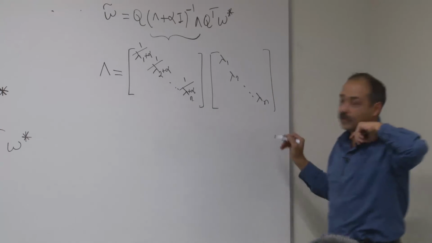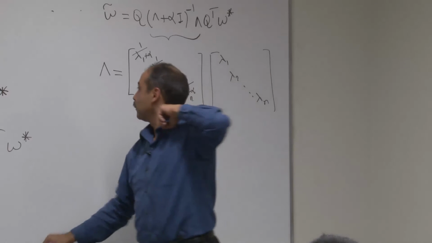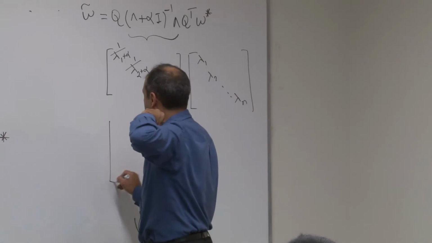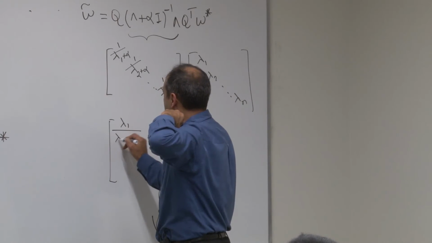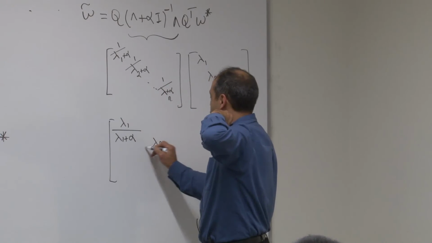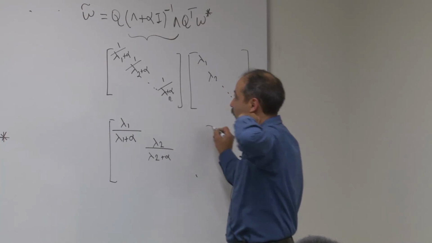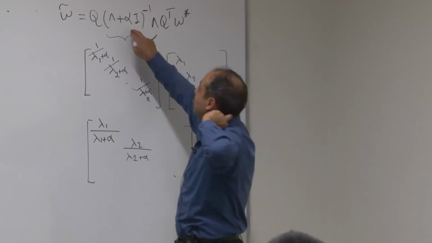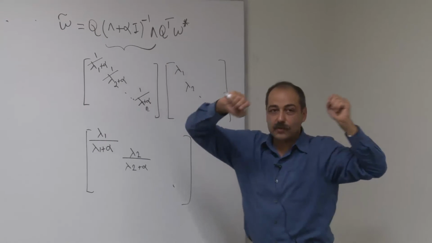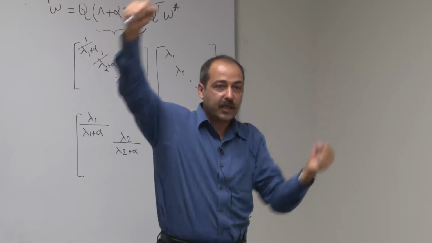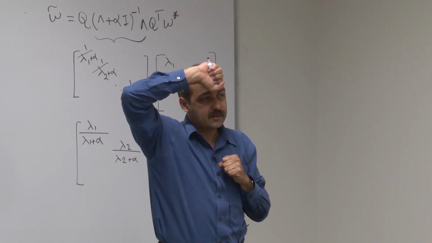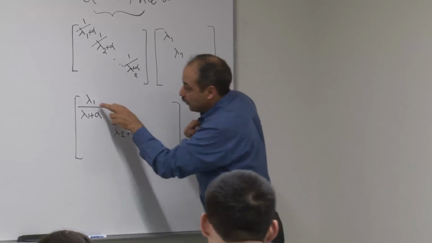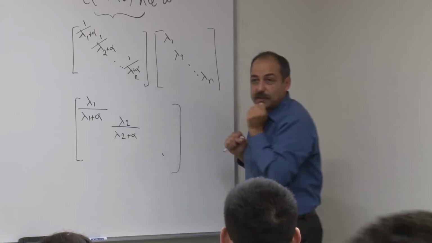So the final multiplication of these two is lambda 1 divided by lambda 1 plus alpha, lambda 2 divided by lambda 2 plus alpha, and so on. So what's happening here is that Q transpose takes my solution and rotates it a little bit. Then for each direction, I'm going to multiply by lambda 1 divided by lambda 1 plus alpha.